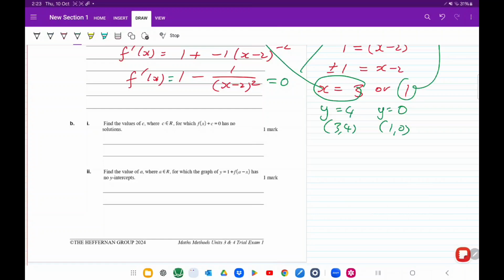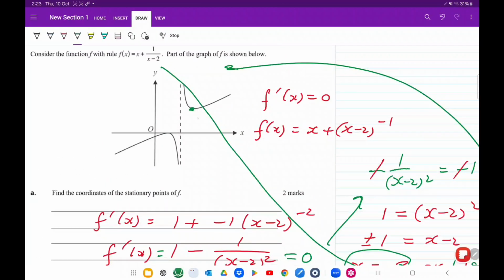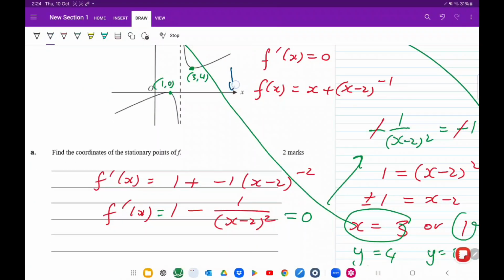So it's saying find the values of C for which a translation, a vertical translation, has no solutions. So we know that this is (3, 4), and this is (1, 0) down here. So you can shift this graph up and down, but when you shift this graph up and down, there will be a point where there's no solutions.